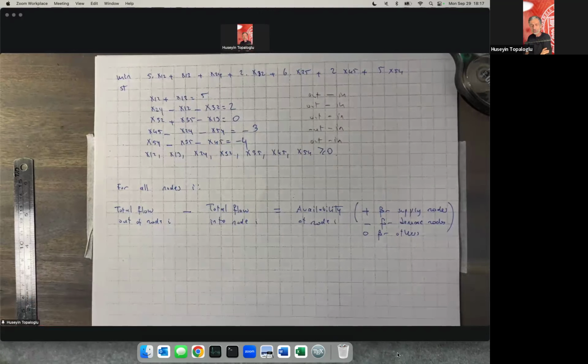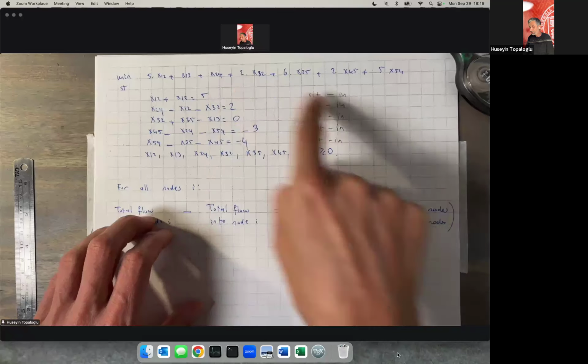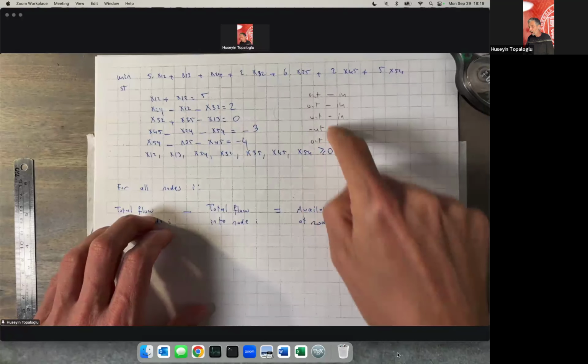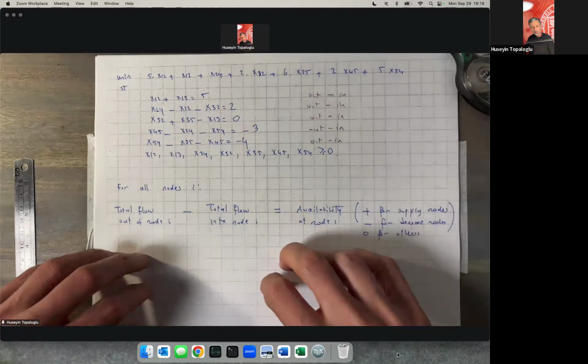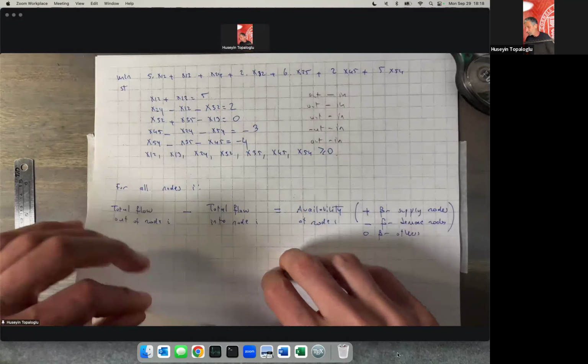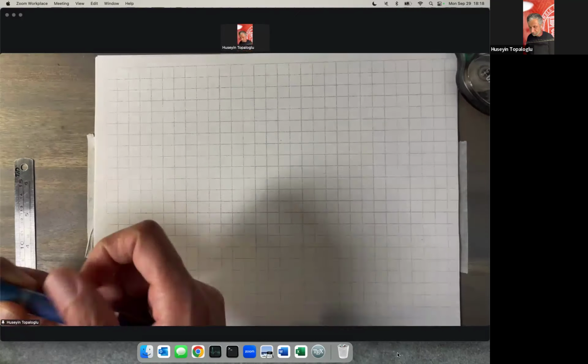But when you're dealing with a minimum cost network flow problem over a network with hundreds of thousands of arcs and thousands of nodes, it is going to be difficult to write down this formulation for every arc and for every constraint for every node in your network. So let's try to write down a compact formulation of the minimum cost network flow problem. So how do you write this formulation in a compact form?